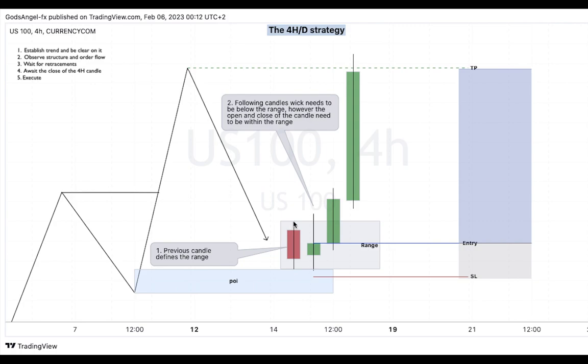At some point it's going to give us a candlestick, right? And this candlestick is going to define which is ideally the last down candlestick before we shoot back up. This candlestick is going to either tap into our point of interest or come very close to it, where the next candle will probably be the one that taps into it. But we sort of want to see something along these lines.